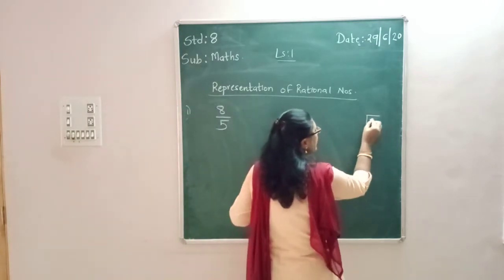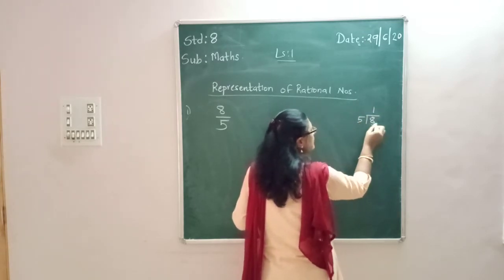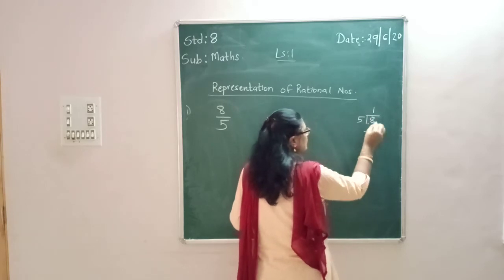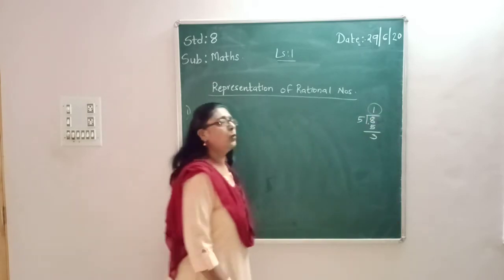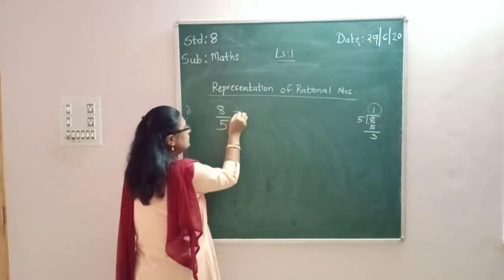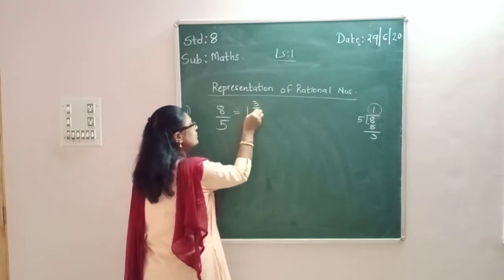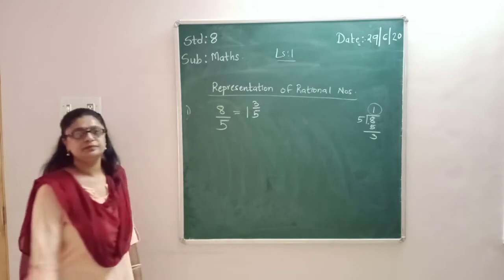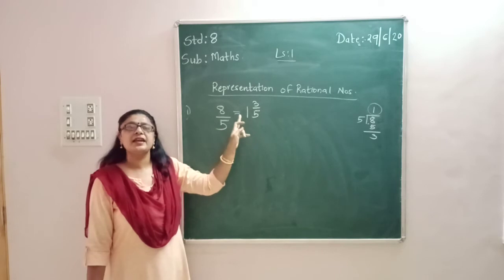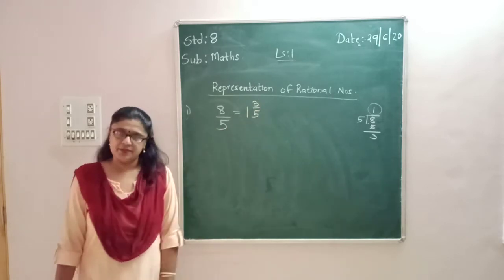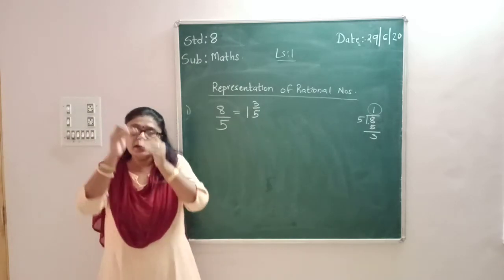I will divide 8 by 5. 5 ones are 5, remainder 3. So what number did I get? 1. This 8 upon 5, I will write as a mixed fraction, 1 and 3 upon 5. Is that clear? So this is 1 and then after 1 the 3/5 part.